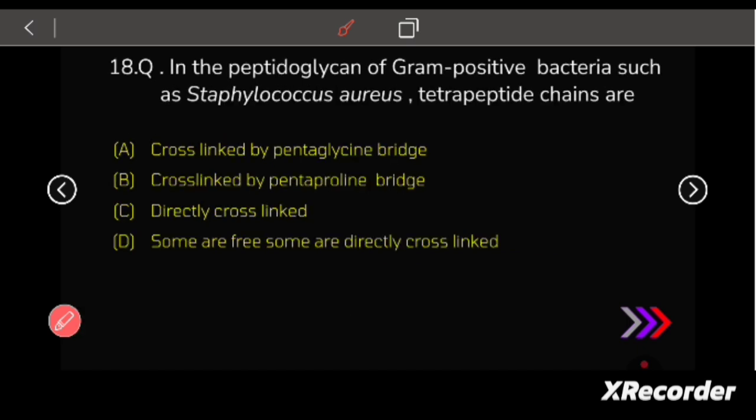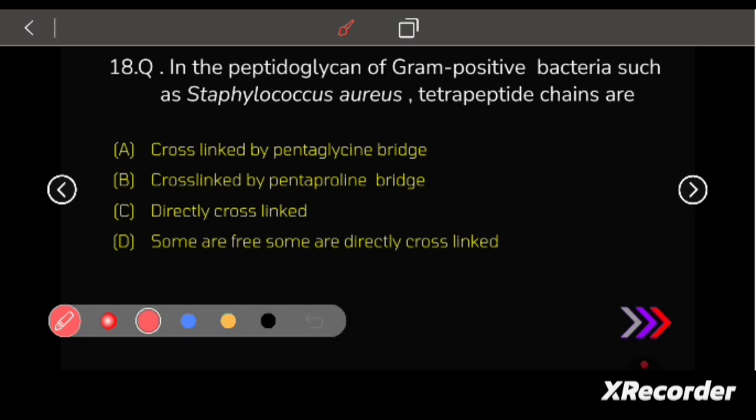Question number 18. In the peptidoglycan of gram-positive bacteria such as Staphylococcus aureus, tetrapeptide chains are: A. Cross-linked by pentaglycine bridge, B. Cross-linked by pentaproline bridge, C. Directly cross-linked, D. Some are free, some are directly cross-linked.